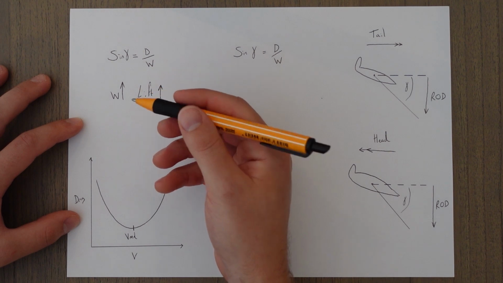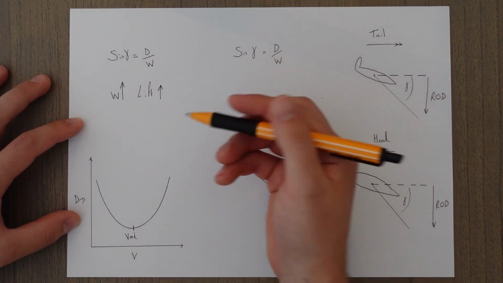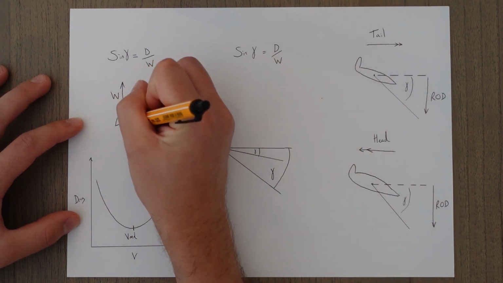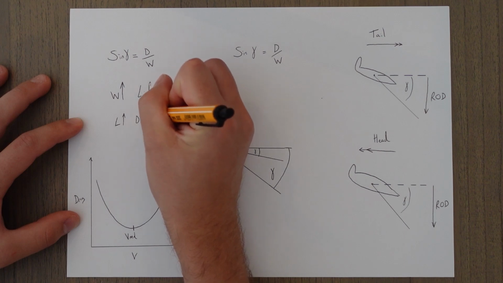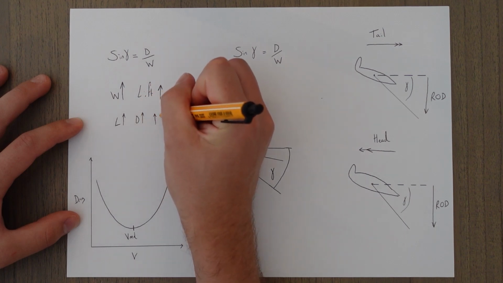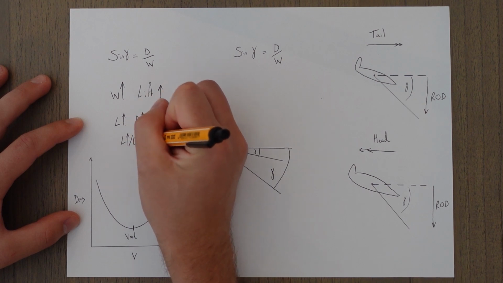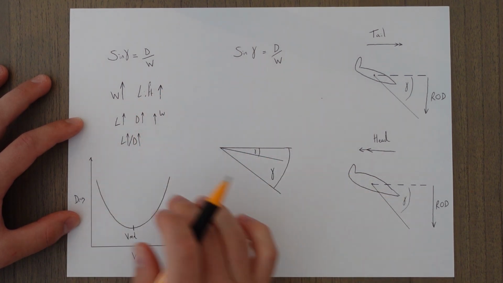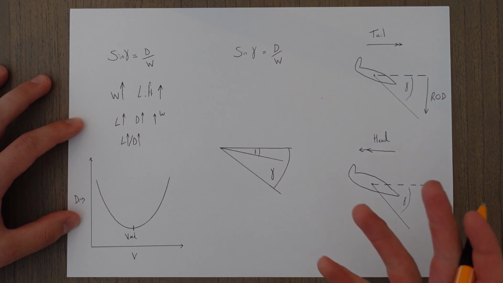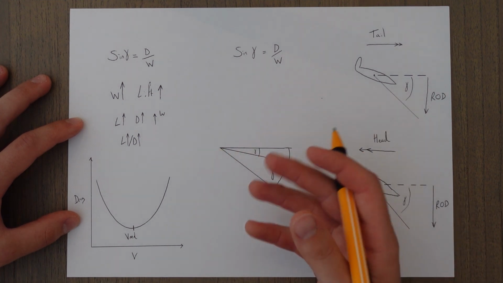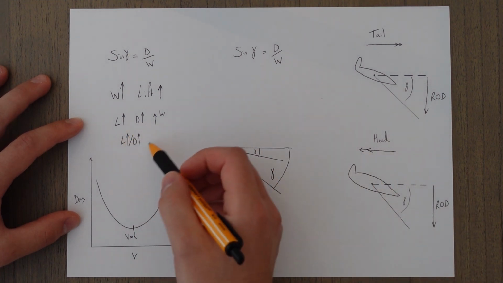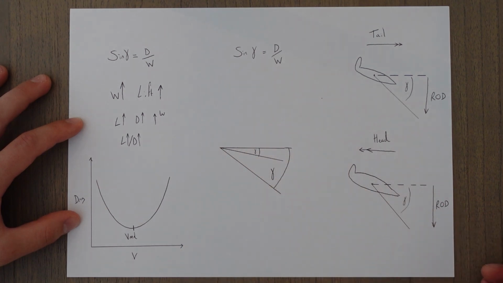And if our lift goes up, that means that our induced drag also increases. So our lift goes up, our drag goes up, and our weight goes up. This means the lift to drag ratio, both going up by the same amount, remains exactly the same. And that means that the same distance can be covered because we've got exactly the same lift drag ratio.